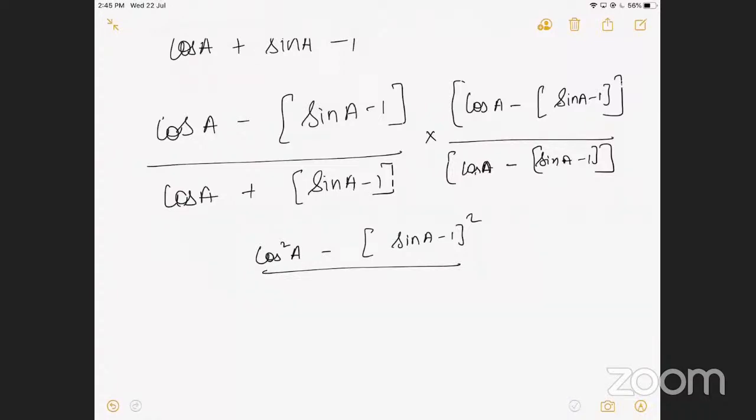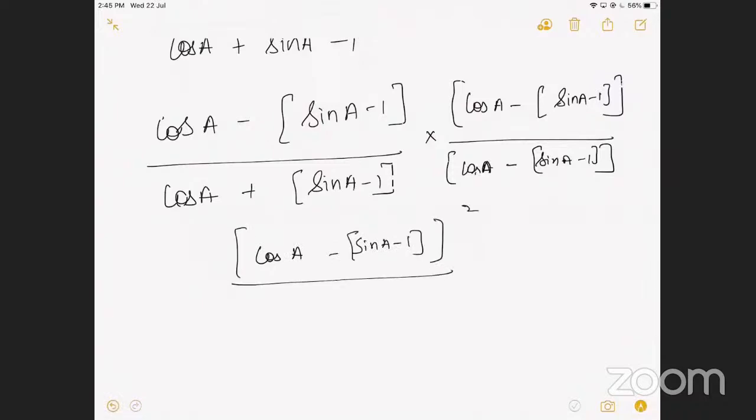Sir, I did it in a different way, sir. Cos A minus sin A minus 1 the whole square divided by cos square A minus sin A minus 1 the whole square. Yes, sir.